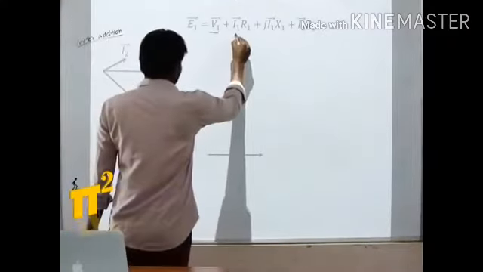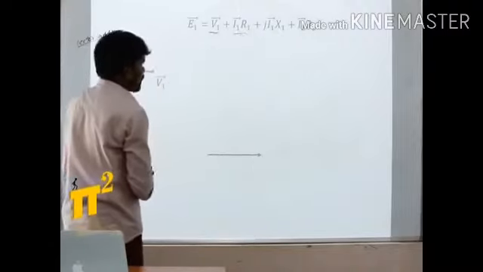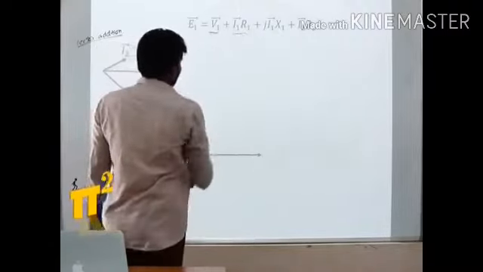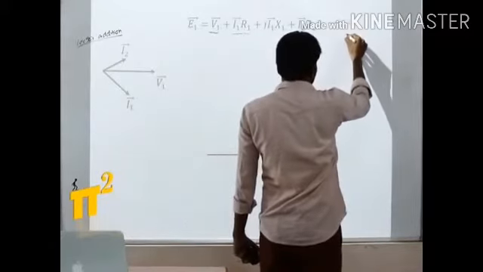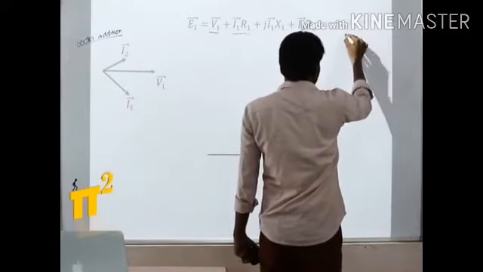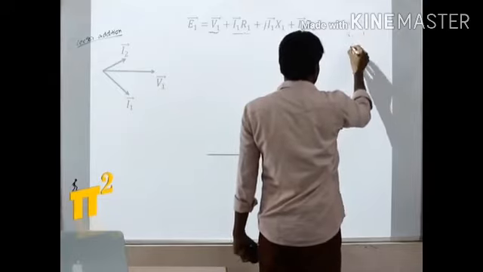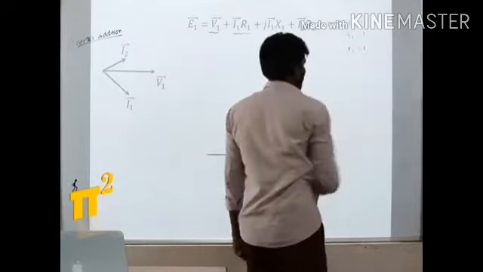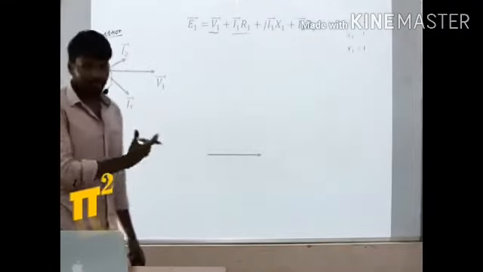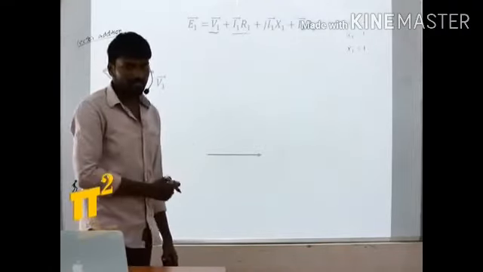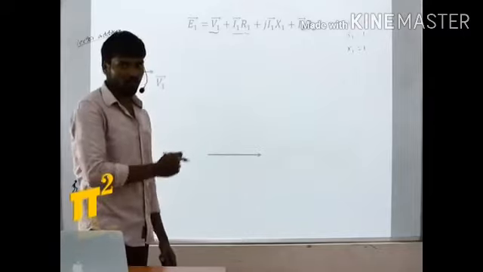Next we have second term, I1 R1. So here what we'll take is, let's consider R1 is equal to 1 ohm, R2 also is equal to 1, X1 is also equal to 1 ohm. For simplicity I am taking this. You may take any value. We'll see in the next case what if we take other than 1.